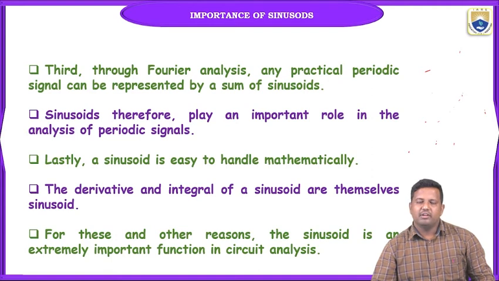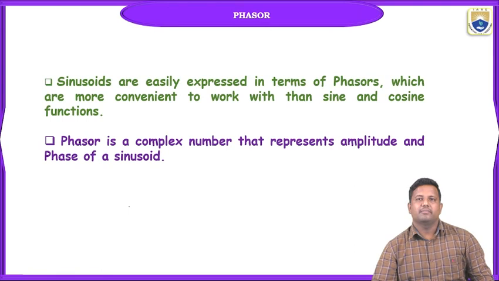So if any number is multiplied with the plus J operator, that quantity automatically obtains the J operator characteristics, and any quantity multiplied with the minus J operator automatically obtains the minus J operator characteristics. By proper understanding of the J operator, AC circuit analysis is very simple in nature. Those things we are going to see in the next classes.